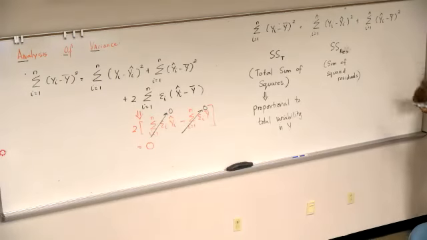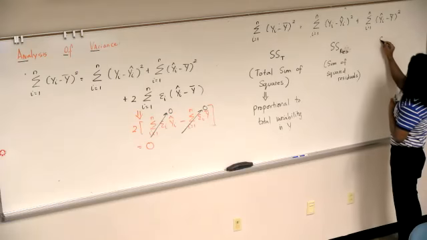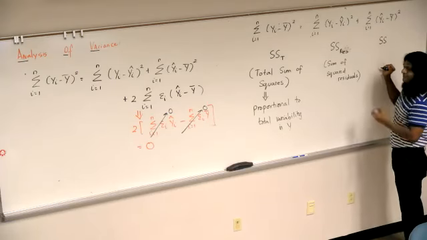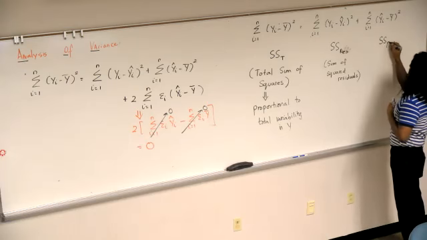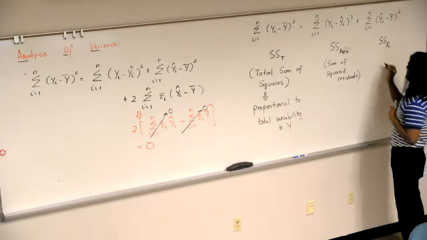So I am seeing how far away each fitted value is from the centroid. So I am simply looking at the sum of squares that I get from the fitted regression model. So this is SSR.